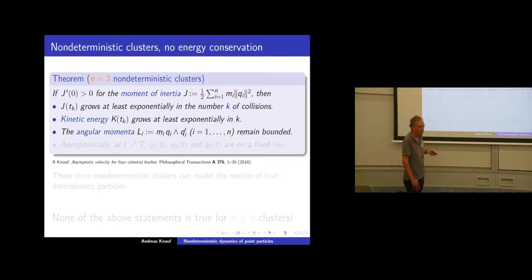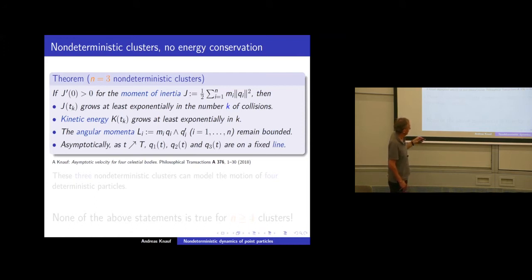Not only the total angular momentum, but the angular momentum of every particle. This means that asymptotically, these 3 non-deterministic particles are on a fixed line in configuration space as t goes to the escape time. So that's what you get just from considering these 3 particles.